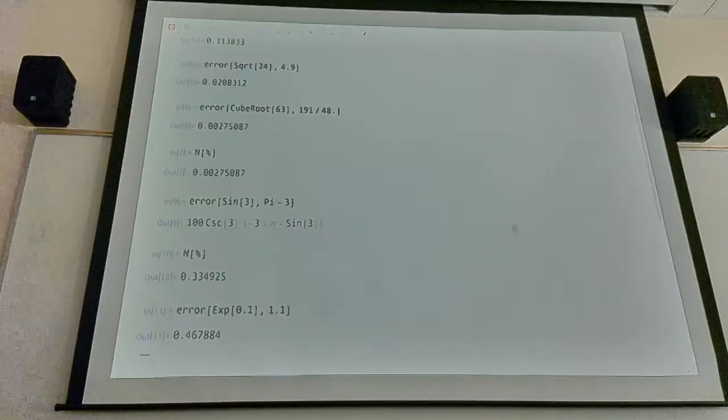Worse yet, it's almost a whole half percentage error. That's unacceptable.